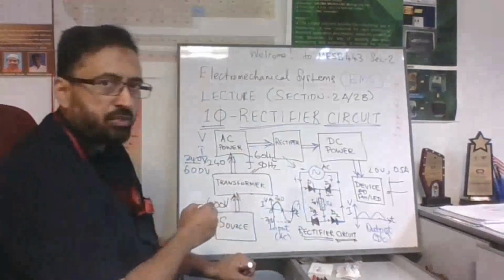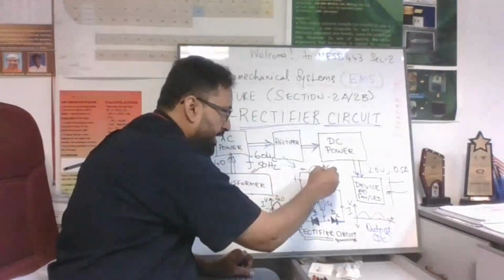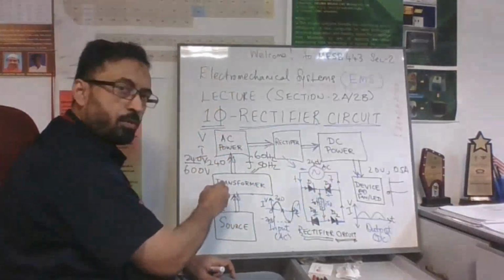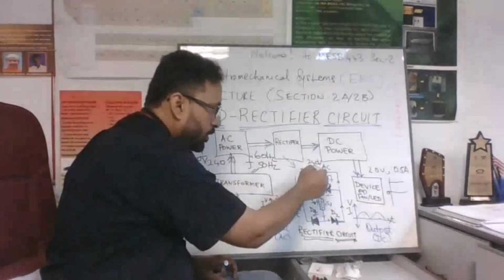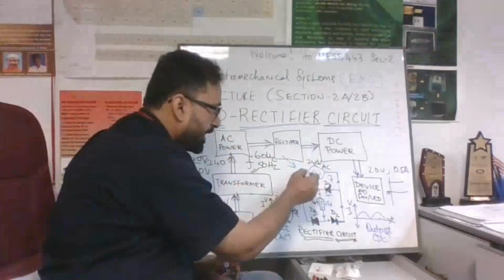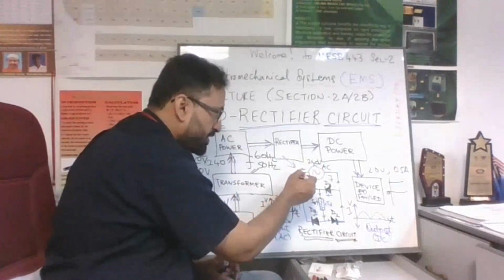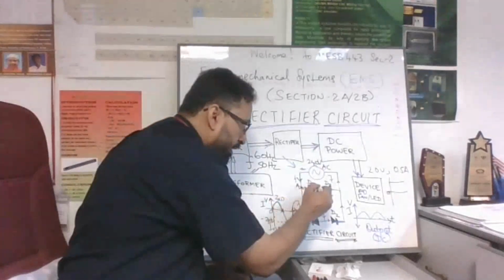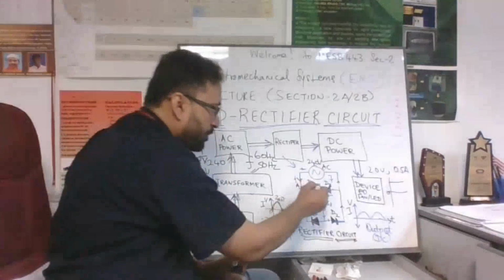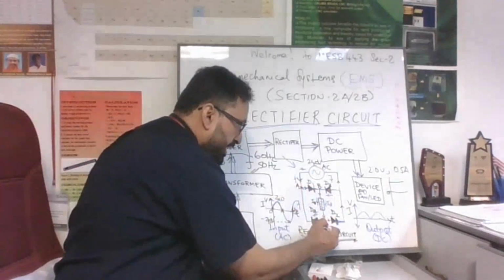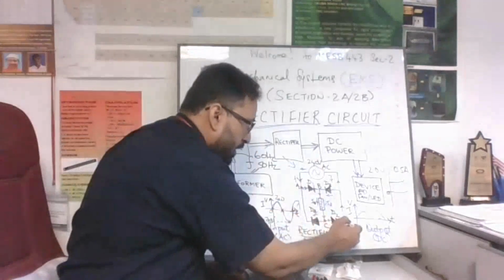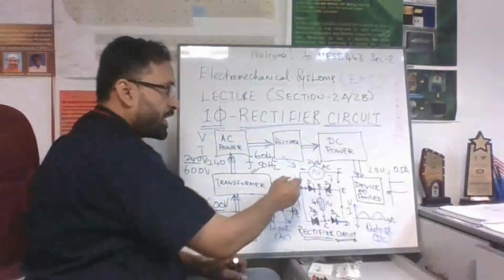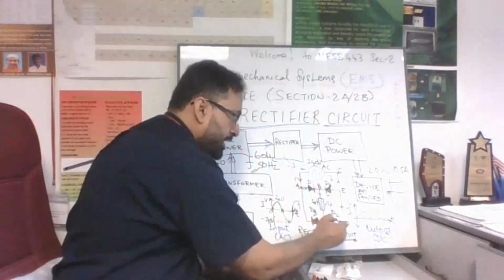Let's say during the positive cycle of the alternating current, let's say 240 volt, after the step down from the main power source of 600 volt, the transformer steps down to 240 volt, and 240 volt power is supplied as alternating current. The first part of the cycle, let's say the positive cycle, is in this direction, from point A to point B, and from B to point C, and from C to point D, E, and F. So the current flows in the direction A, B, C, D, E, F.